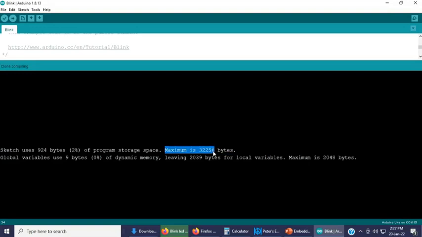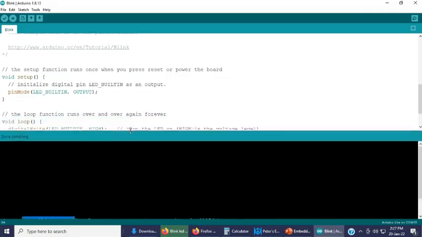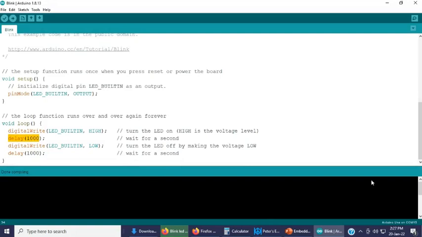So flash 32 kilobytes, RAM 2 kilobytes. Out of that, 9 bytes of RAM have been consumed, and almost 1 kilobyte of flash has been consumed, only to meet the requirements of blinking an LED. So this is an abstract level language.